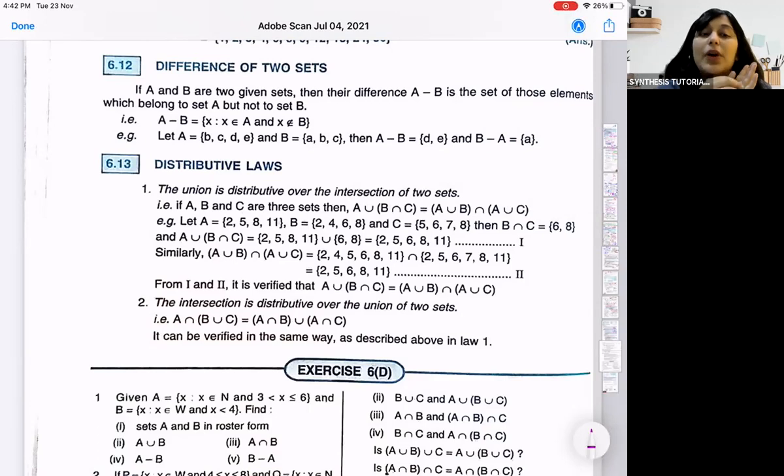A minus B will be no elements of B in A. Understandable? Of course, when we do it, it will be more clear. Similarly, B minus A will be no elements of A in B, right?